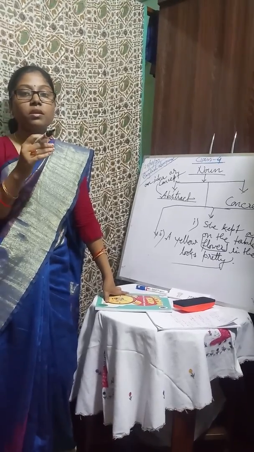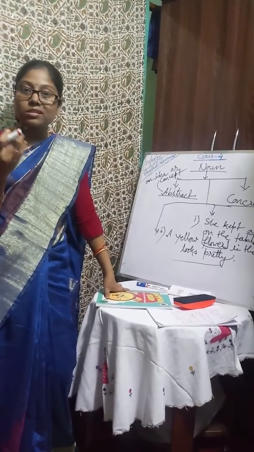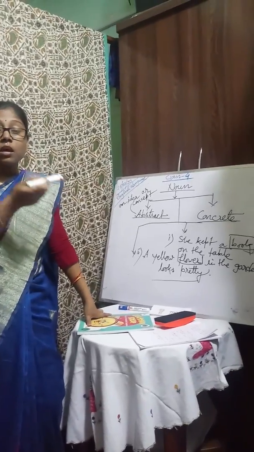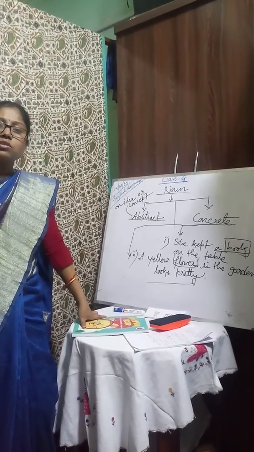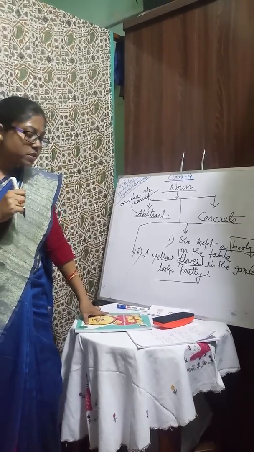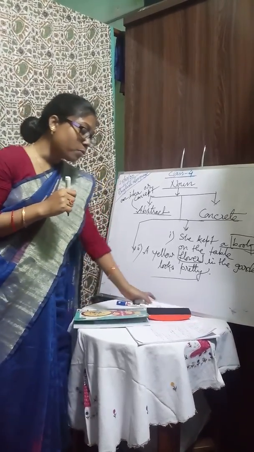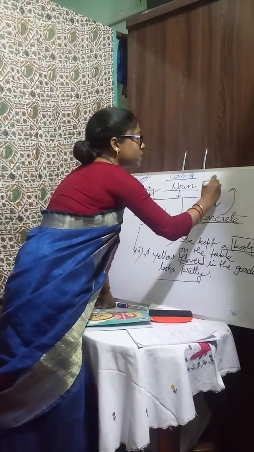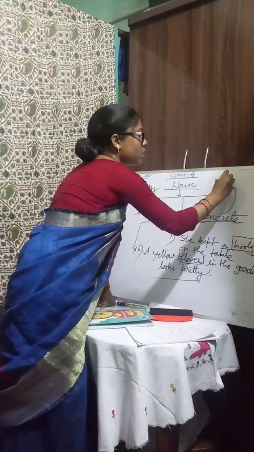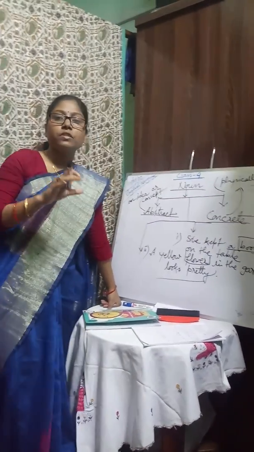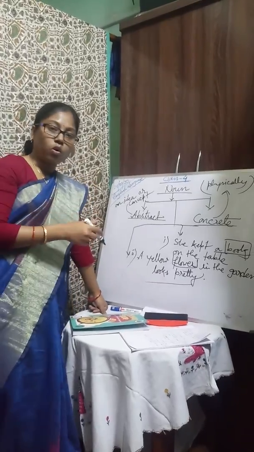It is totally dependent upon our feelings, emotions, liberty, anger. On the other hand, in concrete noun, we are using our physical concept, a physical object. In short, we can write here: what we can physically touch is known as concrete.